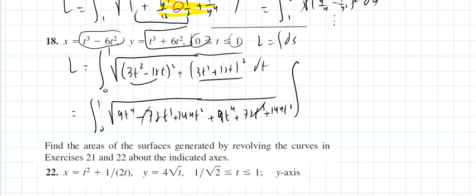So I'm looking at the integral from 0 to 1, this is dt of course, and that's going to be the square root of 9t to the 4th, 18t to the 4th, plus 288t squared. So obviously I could factor out a t squared.